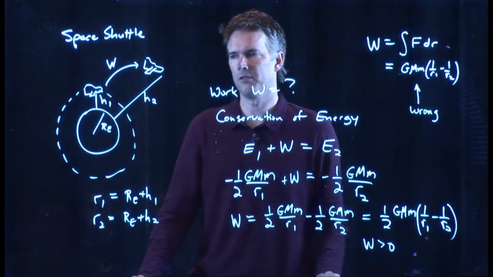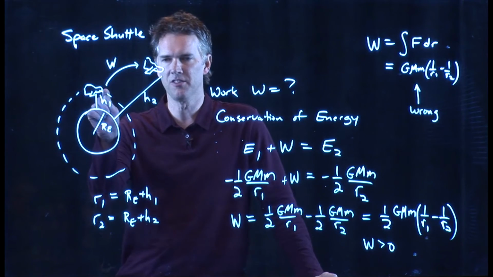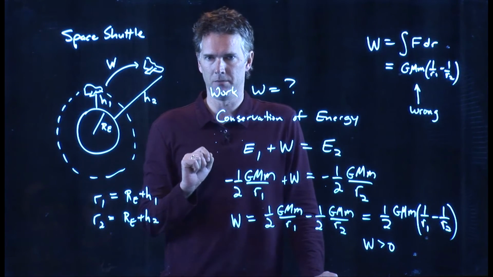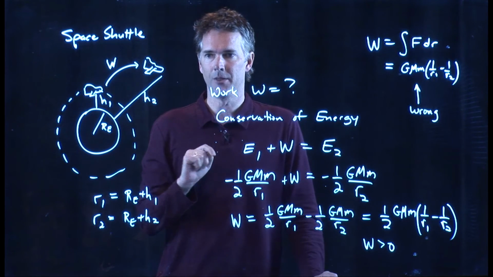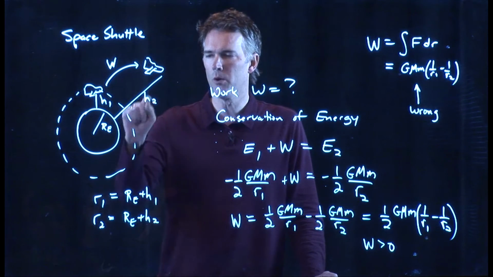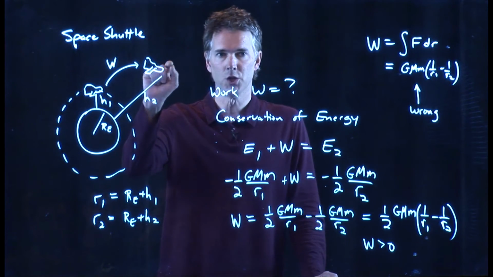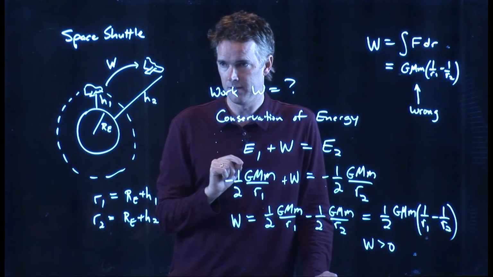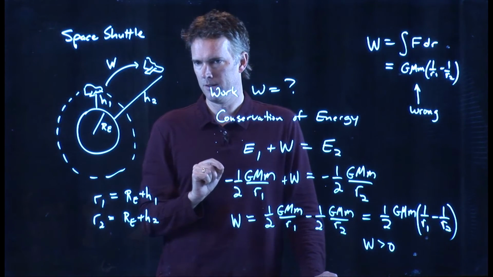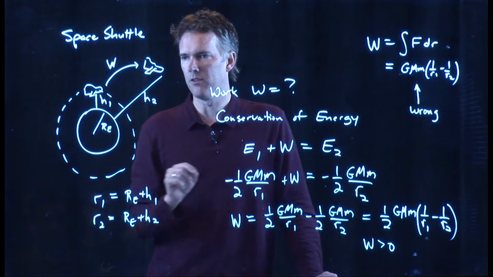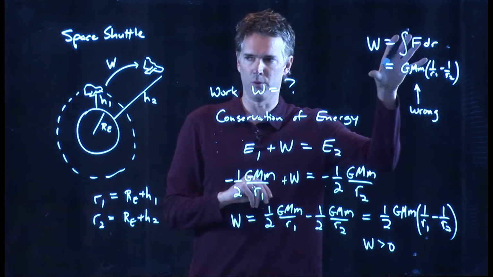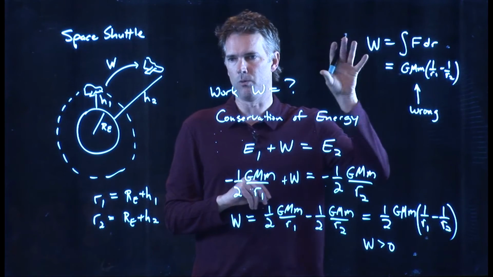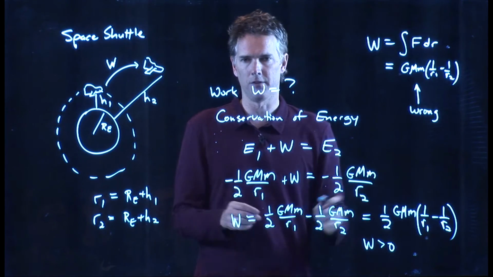Because we were assuming that there's no change in the speed of the space shuttle going from here to here. But there is a change in the speed. We know that if you're up at this orbit, you don't have to be going as fast as when you're at the lower orbit. Okay? And so we did the wrong calculation integrating the force over that distance. The right way to approach this is from conservation of energy.